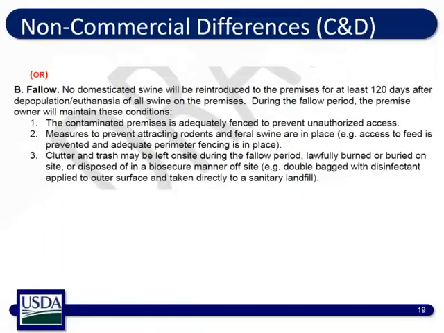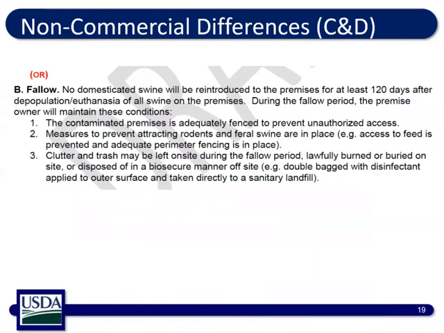And like we mentioned earlier, we came up with 2 herd plans, one for commercial swine and one for non-commercial or outdoor type swine specifically, realizing that cleaning and disinfection on an outdoor premises would not be feasible. So in the non-commercial plan, what we ended up coming up with was a 120-day fallow period following euthanasia and disposal.